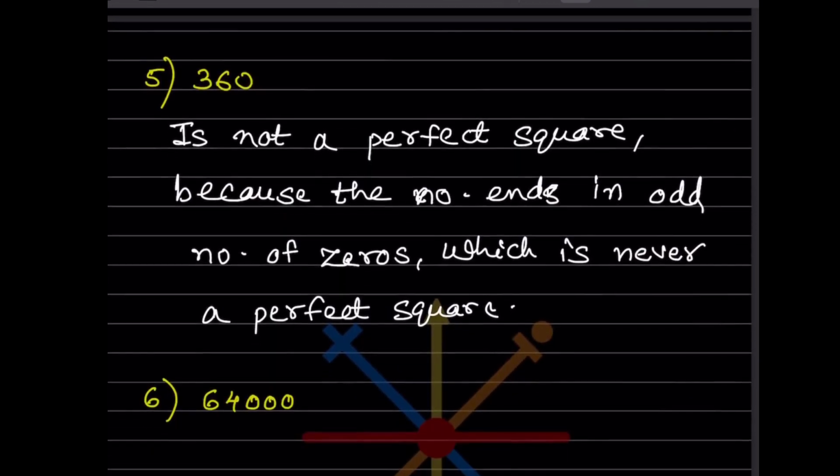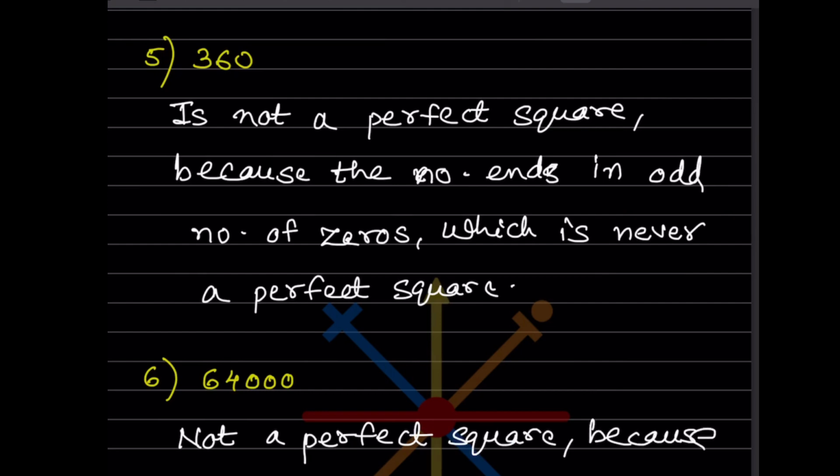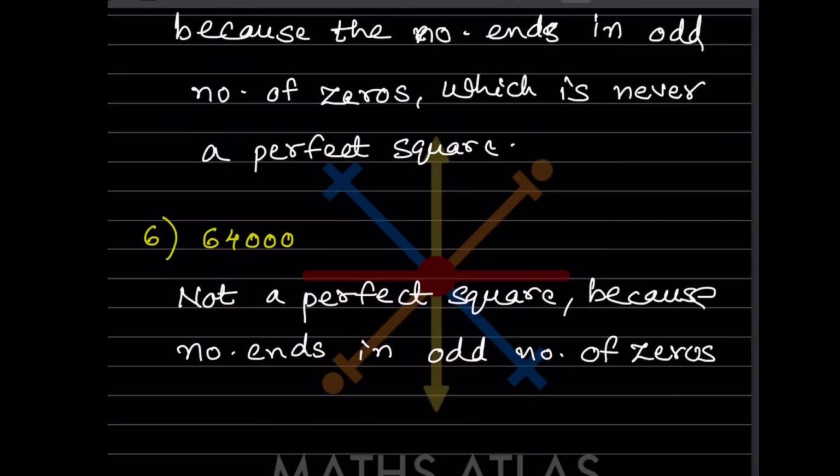So here again, this is also not a perfect square, because the number ends in an odd number of zeros, which is never a perfect square.